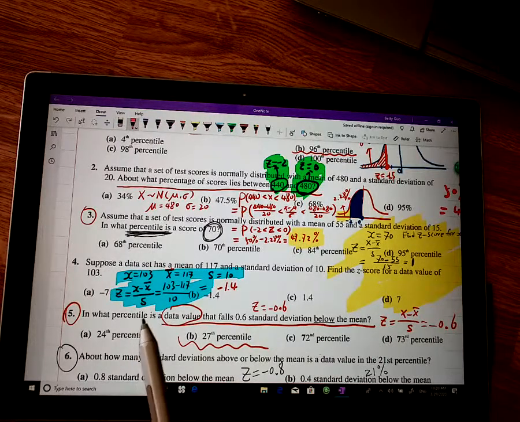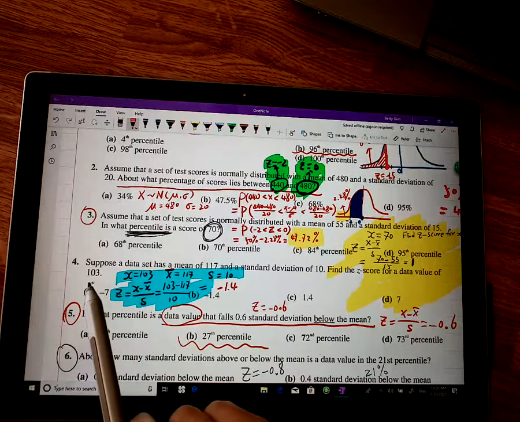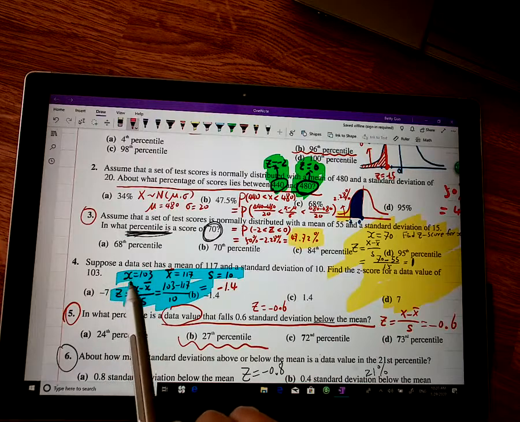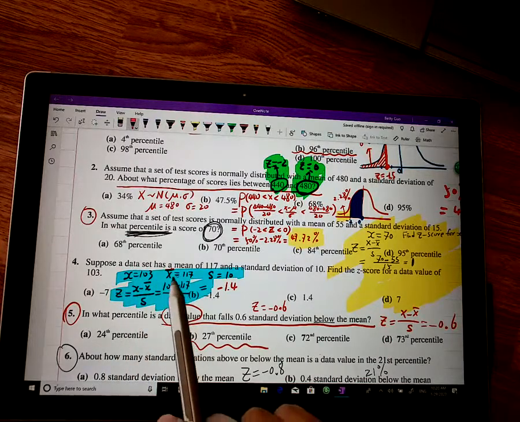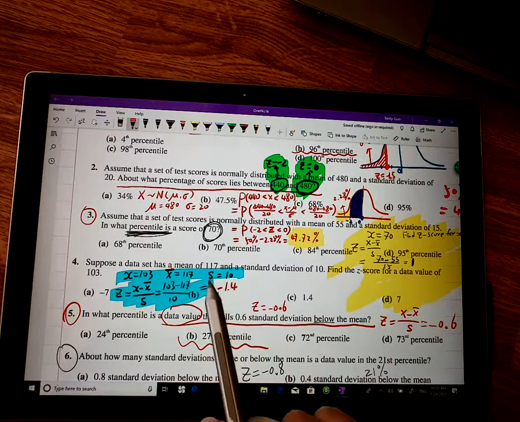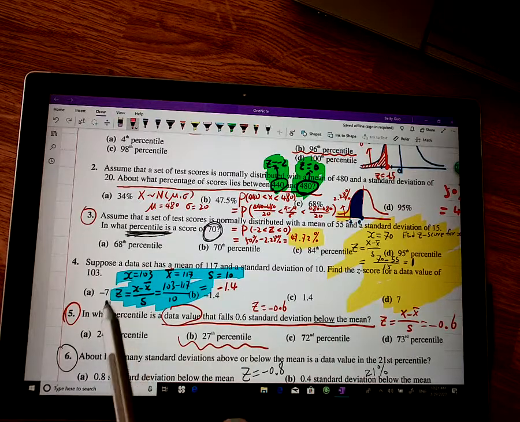The relative standing. Your x is 103 because you are finding the z-score for 103. Your mean x bar is 117, given. Your standard deviation s is 10, which is given. You need to remember the formula, okay?